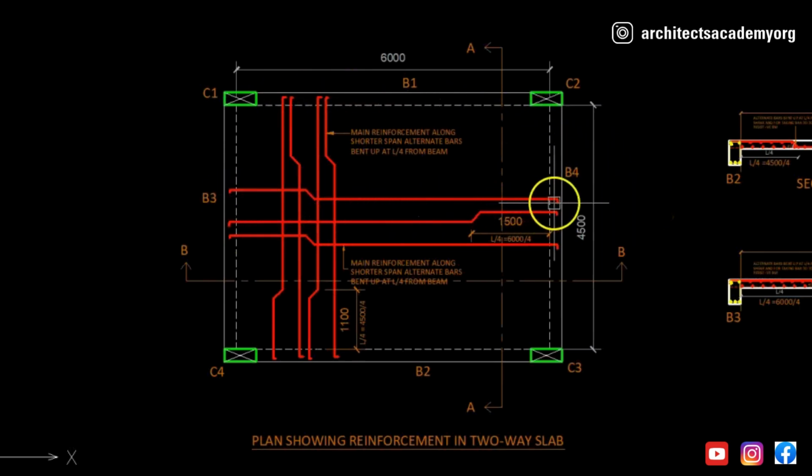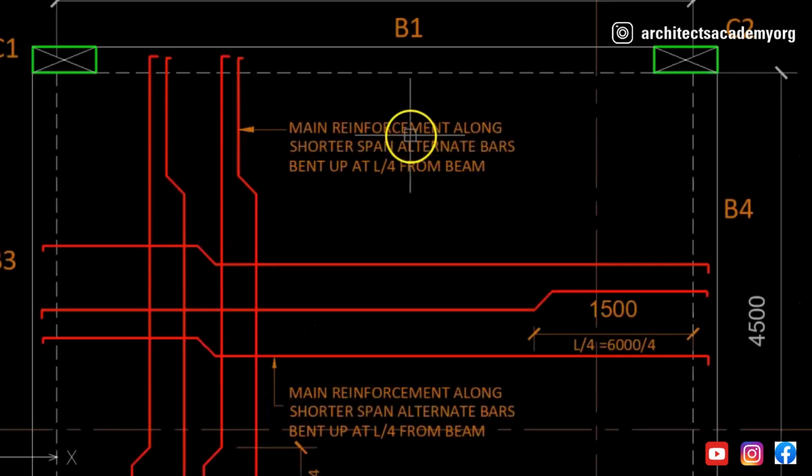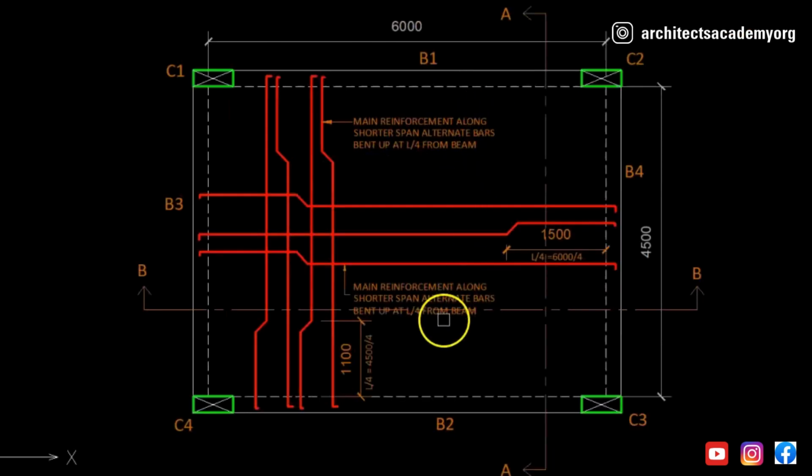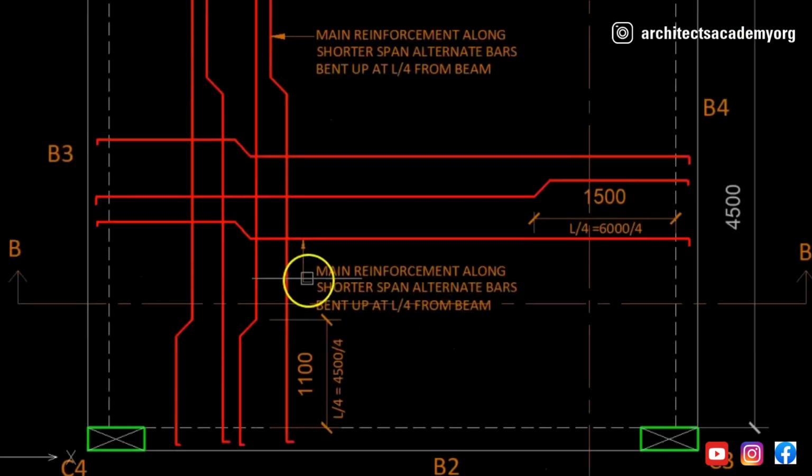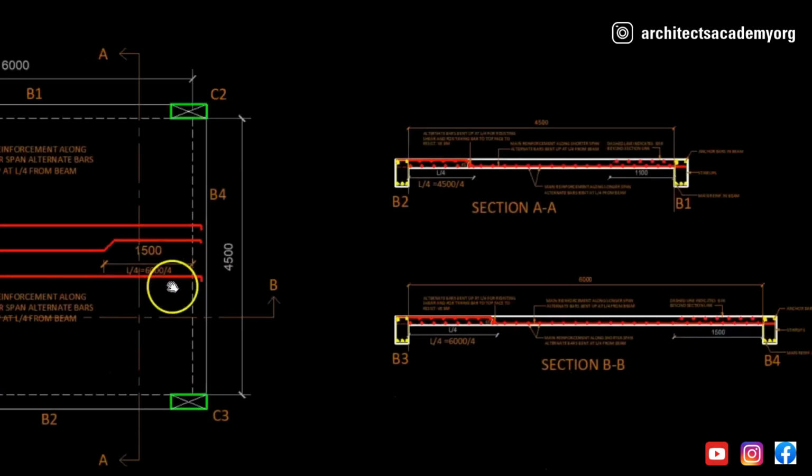Show the proper indication for bent up bars. Show the distance of the bent up bar from the edge of the beam. Mention that it is L/4 from the support. Write all these different reasons or whatever notes there are right on the drawing itself. This is very important.